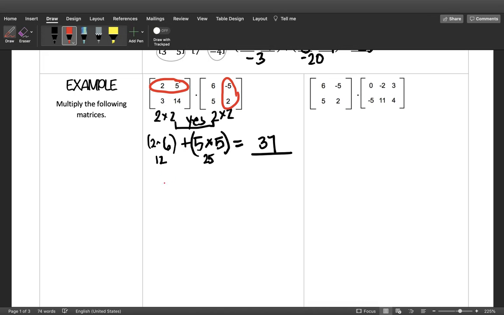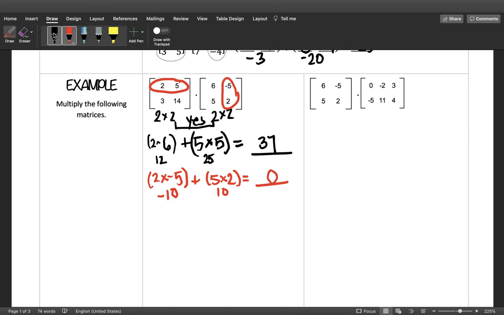So 2 times -5 plus 5 times 2. So you get -10. 5 times 2 is a positive 10, so that would give us 0.